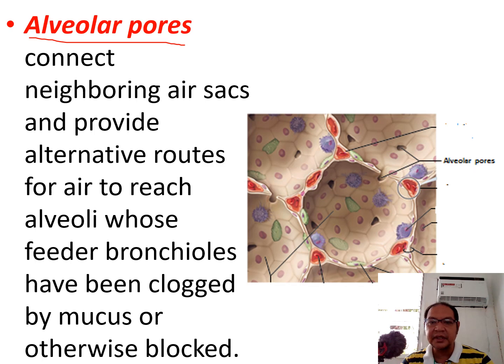You can see this alveoli is connected to other alveoli. So it provides alternative routes for air to reach alveoli when feeder bronchioles have been clogged. If the feeder bronchioles are clogged, there is another supply of air coming from another alveoli.